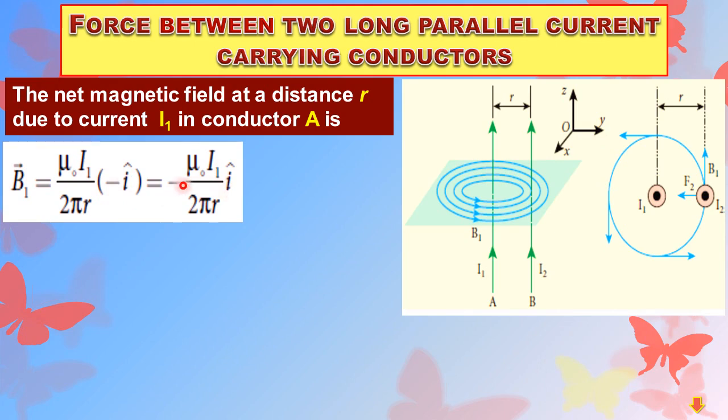So we take this minus here: B1 vector is equal to minus mu naught I1 divided by 2 pi r into I cap.